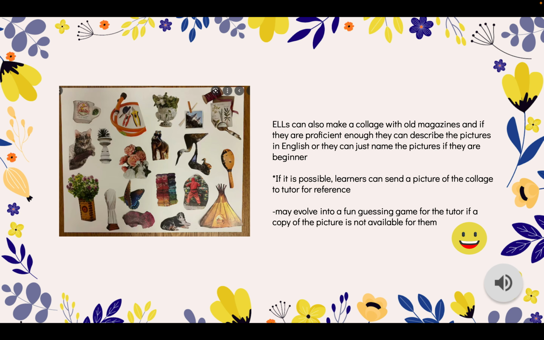ELLs can also make a collage with old magazines, and if they are proficient enough, they can describe the pictures in English, or they can just name the pictures if they are a beginner. Tutors can try to guess the image or correct a student's pronunciation. If it is possible, learners can send a picture of the collage to the tutor for reference. This can evolve into a fun guessing game for the tutor if a copy of the picture is not available for them.